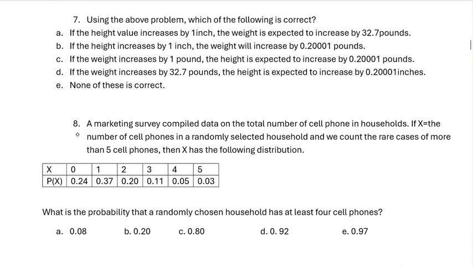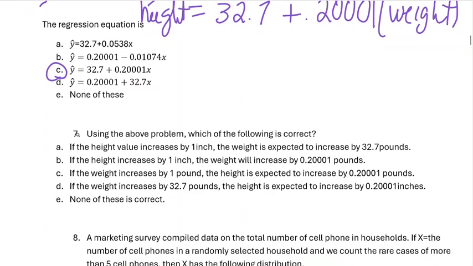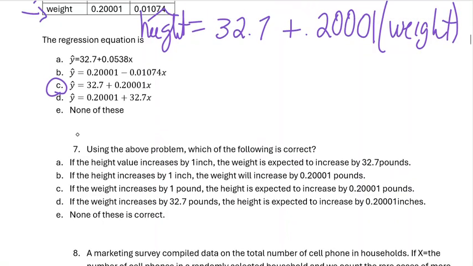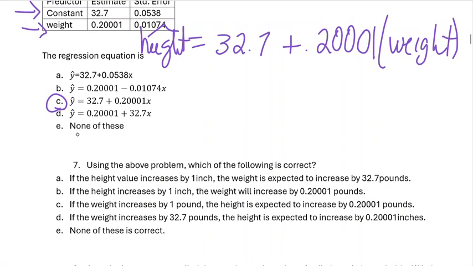Which of the following is correct? And we're using that above problem. So they're really talking about the interpretation of the slope. So the interpretation of the slope is, our sentence was, as the x increases by 1, so as the weight increases by 1 pound, the height is expected to increase by 2.001. It shouldn't be pounds though, it should be inches. But anyway, if the weight increases by 1 pound, the height is expected to increase by 2.001.